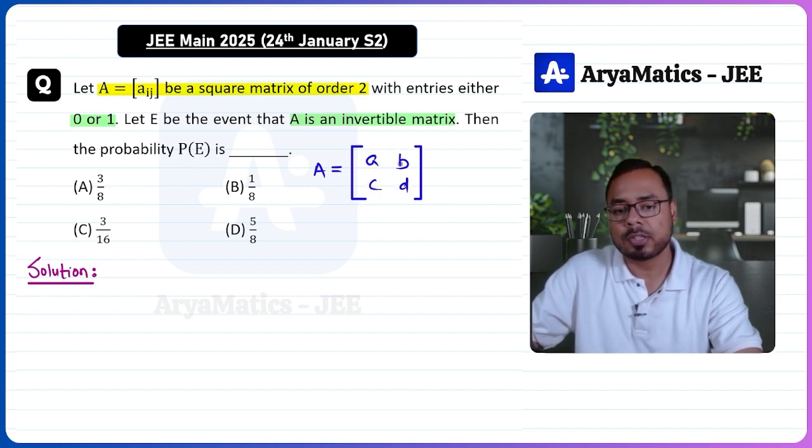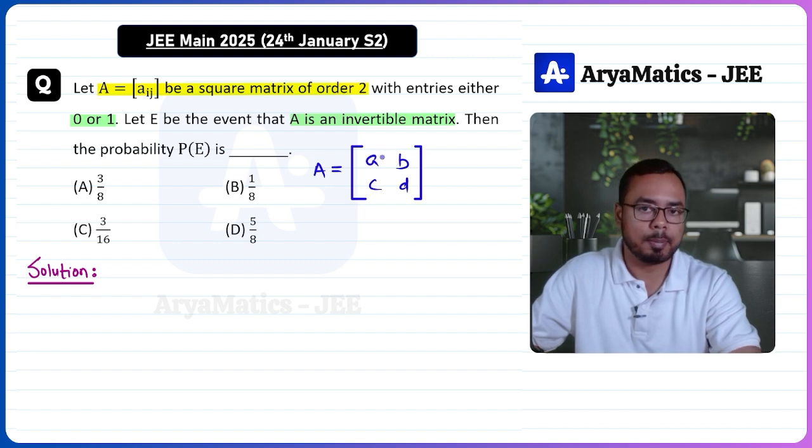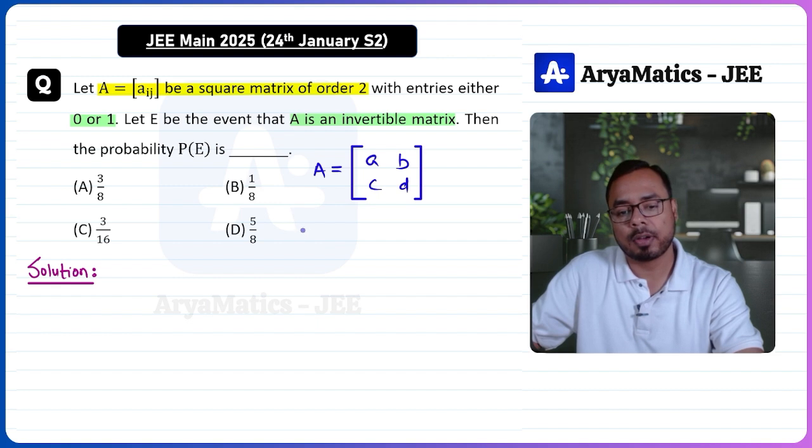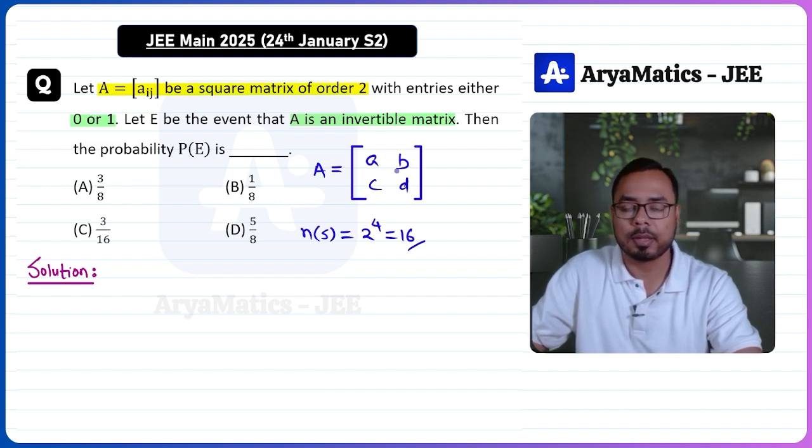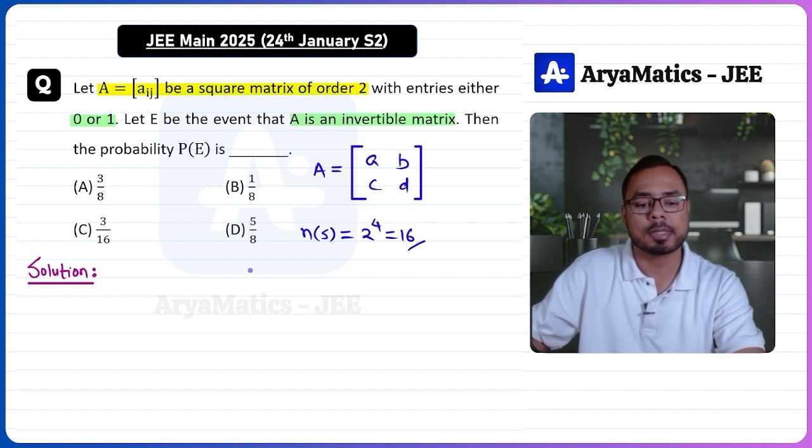So that means for each one of these four elements of this matrix, we have two options, right? Therefore, the number of elements in the sample space, or number of matrices, will be 2 raised to 4, or 16. For A, we have two options: either we can take A as 0 or 1. For B, we have another two options and so on. So using the multiplication rule, the number of matrices that you can create will be 16.